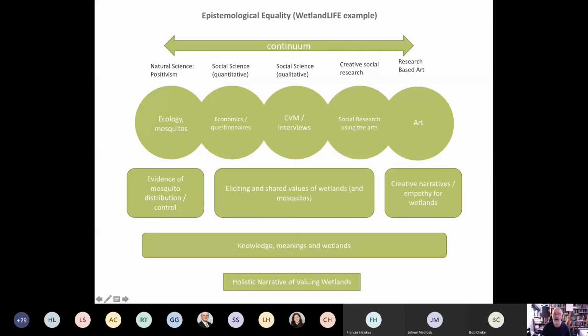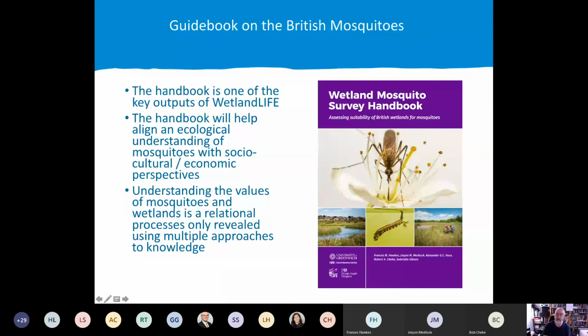And I think, therefore, this book that we are launching today is a really important element in that jigsaw of understanding mosquitoes, putting mosquitoes, if you like, in their place in wetlands, and then advocating this relational approach whereby we use multiple approaches to knowledge in order to understand wetland values and the importance and roles of mosquitoes within that.